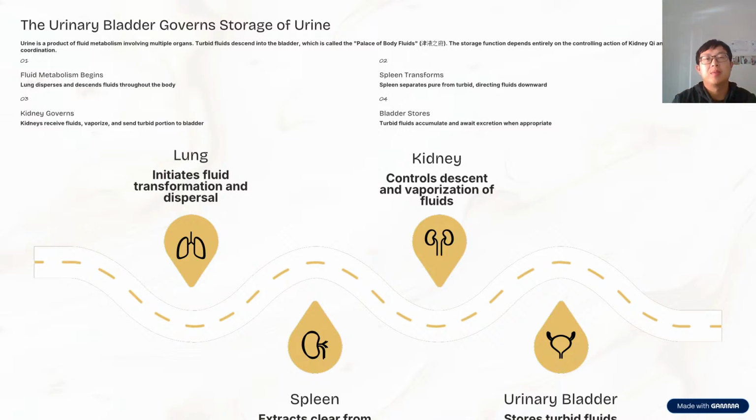The middle part includes the stomach, small intestine, gallbladder, and liver. The lower part includes the kidney, bladder, and large intestine. So it's more like an anatomical function. It's like a cavity.